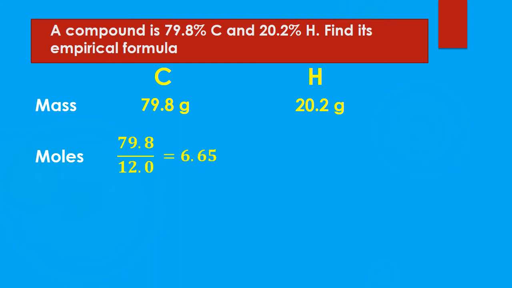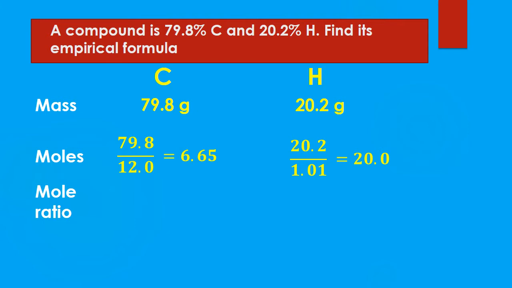So for carbon, we divide by 12.0, that gives us 6.65. For hydrogen, we divide by 1.01, that gives us 20.0. Now after we have moles, if you refer back to your steps, we need to get mole ratio. So we look at the number of moles we have for carbon and hydrogen. We see that carbon has the lowest number of moles, which is 6.65.